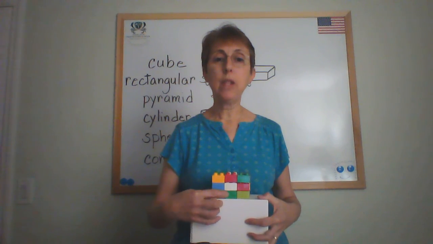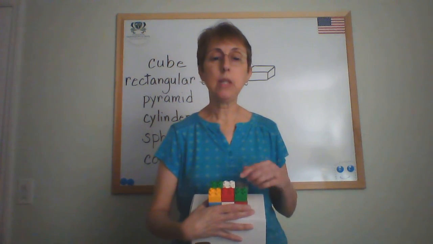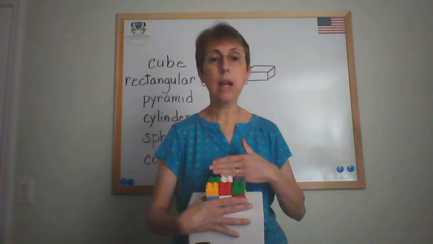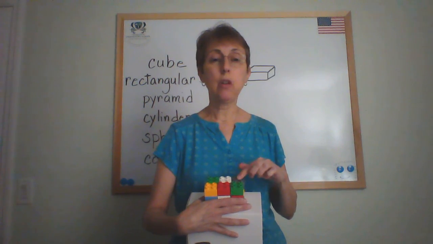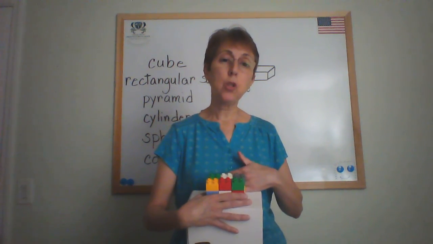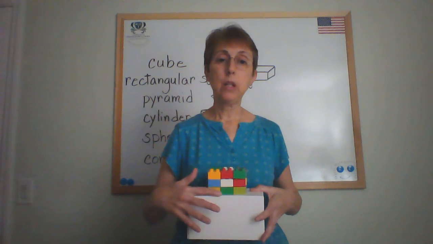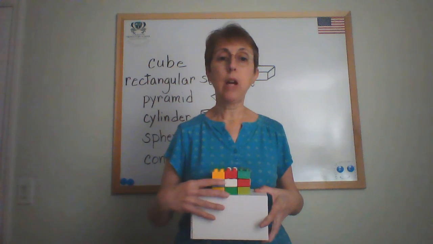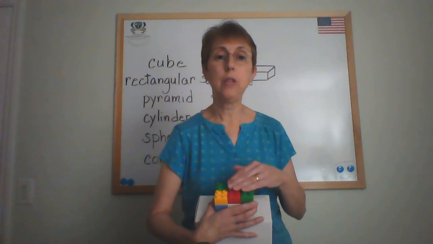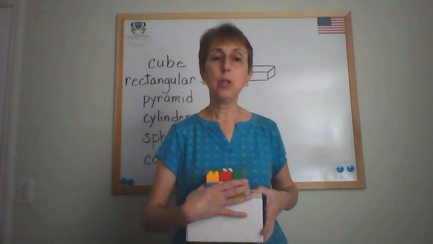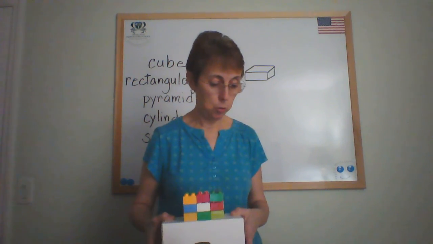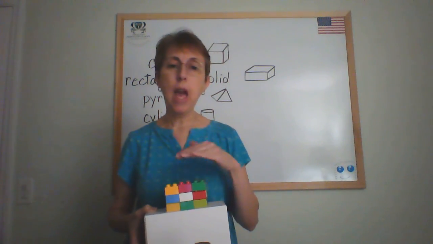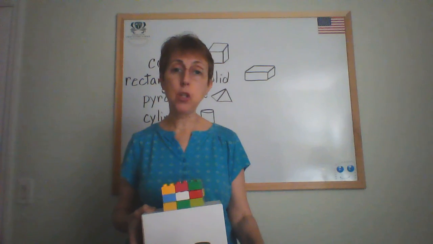So again, we have 9 in front. We can now see that there is a back row, which also means there must be 9 back here, because these 3 are not floating, so they require 2 layers to hold them up. Same as what you see in front, you know you have behind. So if you have 9 in front, there are 9 behind it for a total of 18 cubes.